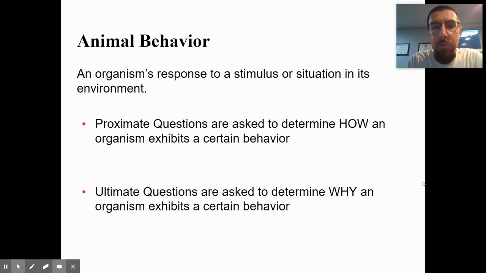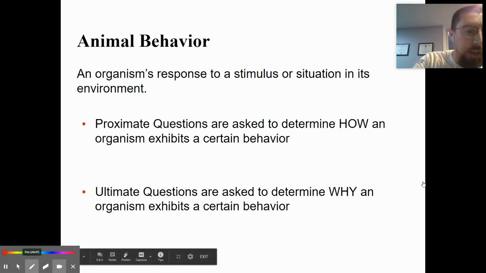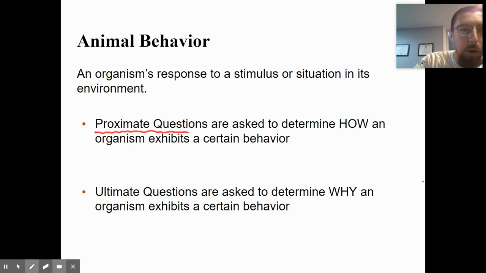We can ask questions about the behavior that certain organisms are performing by breaking up those questions into two generic areas. The first is going to be proximate questions, and proximate questions are asked to determine how an organism is exhibiting a certain kind of behavior.